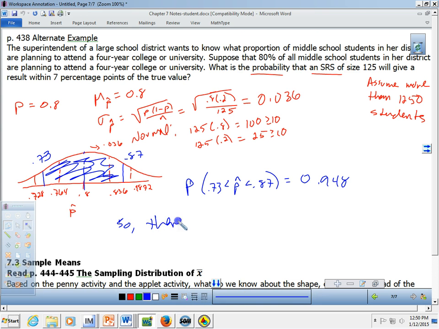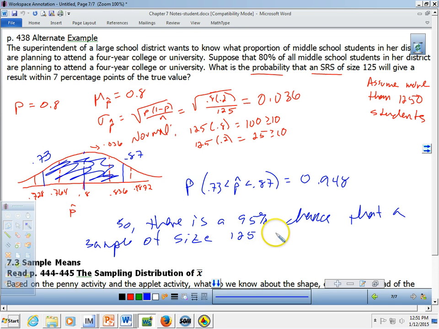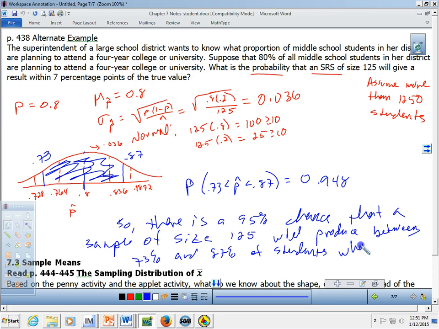There is a 95% chance that a sample of size 125, and it has to be specific to 125, that sample size changes and our calculations change, will produce between 73% and 87% of students who are planning on attending college.